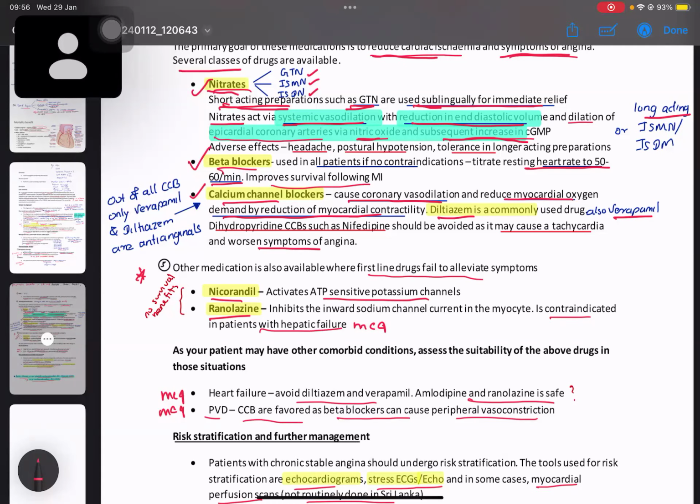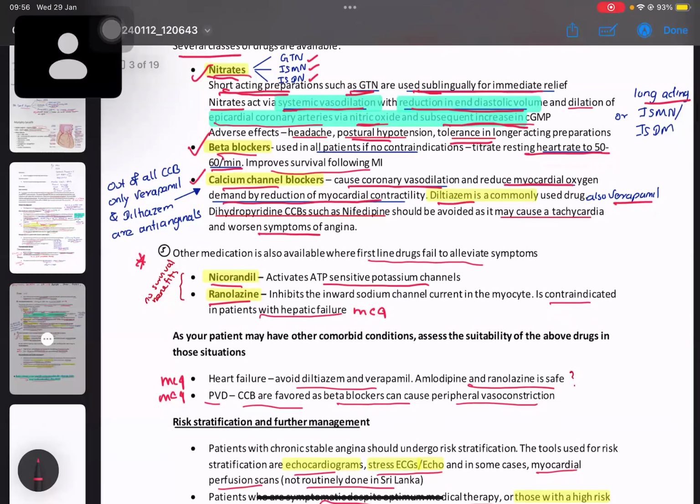Every drug has side effects. They might ask, and it's usually tested in MCQs. Adverse effects are headache, postural hypotension, and if it's a long acting preparation, the patient might get tolerance to that drug. And long acting preparations are usually ISMN and ISDN.